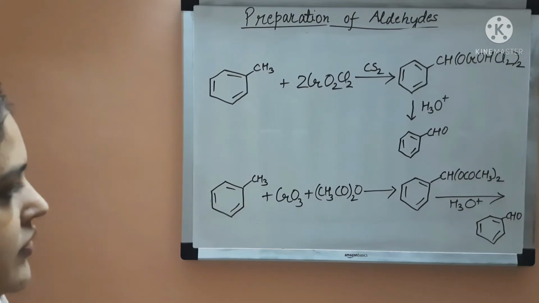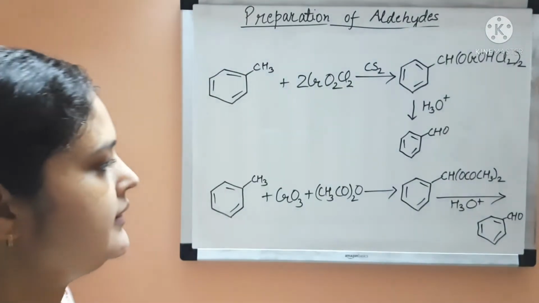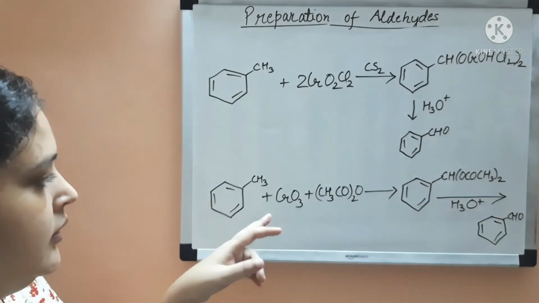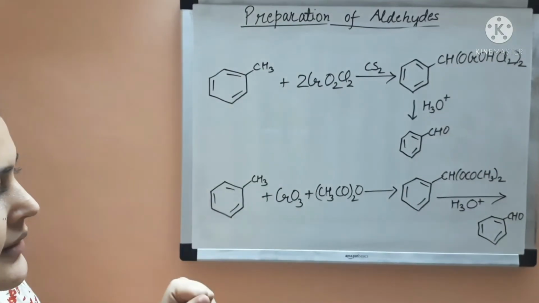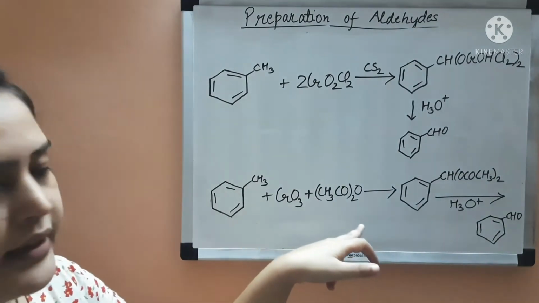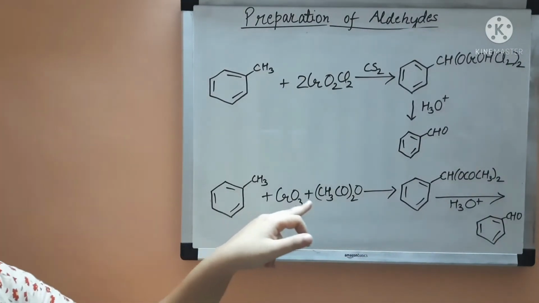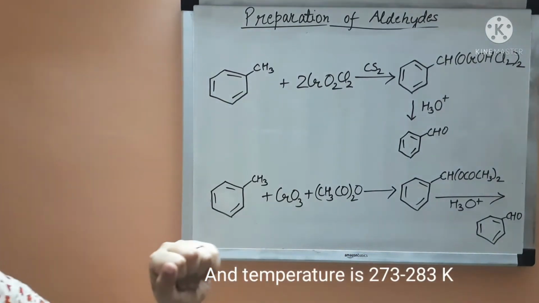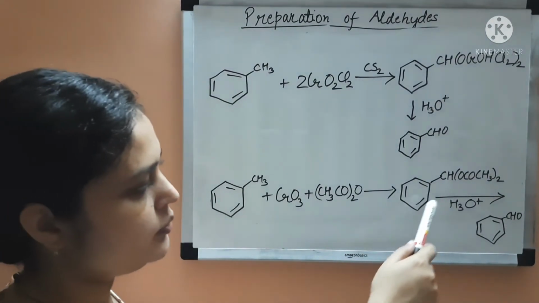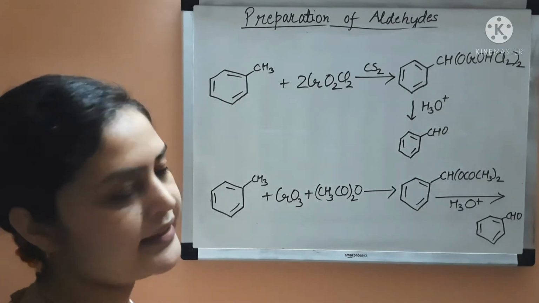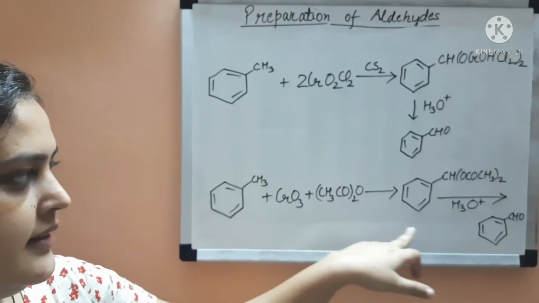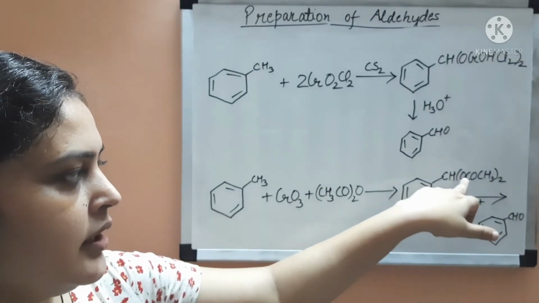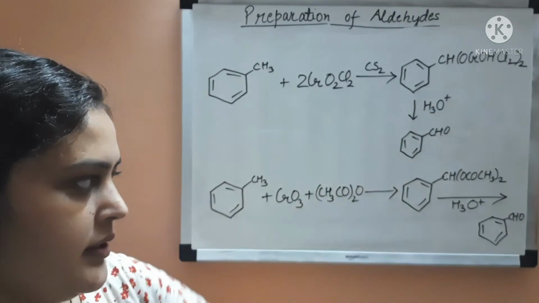The next reagent which helps in producing benzaldehyde from toluene or substituted toluene is chromic acid in the presence of acetic anhydride. So CrO3 and (CH3CO)2O is used as the reagent. Then we get benzylidene diacetate. The benzene group is attached to CH(OCOCH3)2.